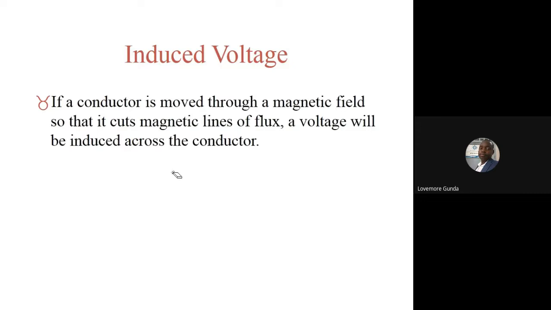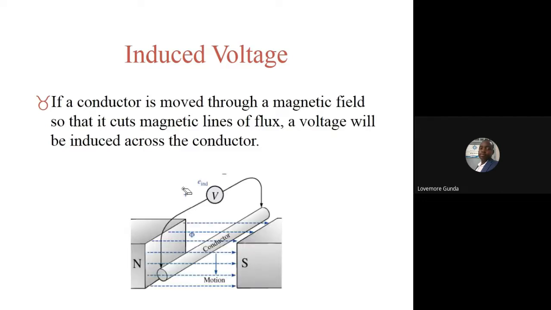So that's what we talk about in terms of electromagnetism. When you move that conductor through a magnetic field and it cuts the flux lines, then there will be voltage induced across it.